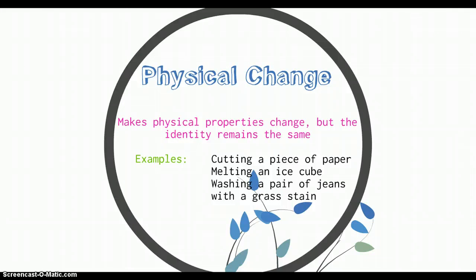So once again, cutting a piece of paper is the best example because it's real easy for you guys. You have a piece of paper in front of you right now. Imagine you ripped it in half. It would have less mass, it would have less volume, and it would have less length. But if I ask you what it was, you'd still say, yeah, that's a piece of paper, Mr. King, because it's the same thing. So you've just changed some of the properties.